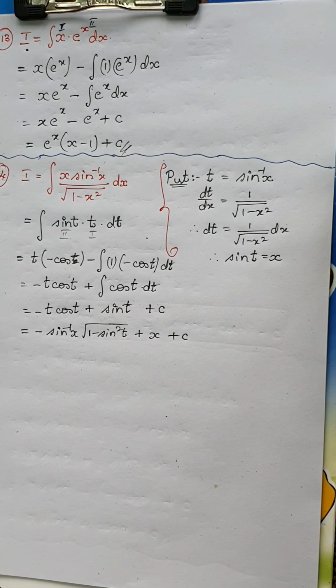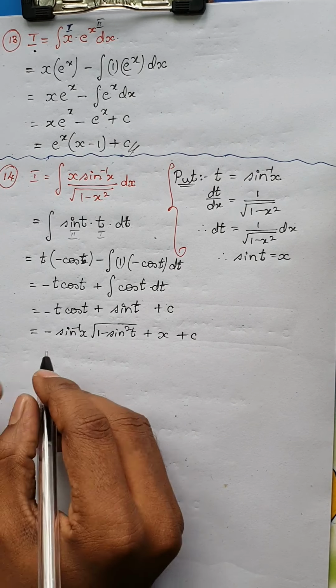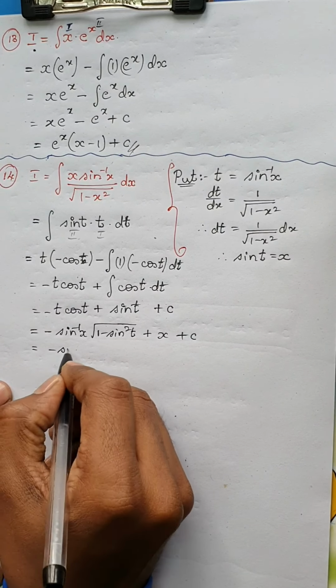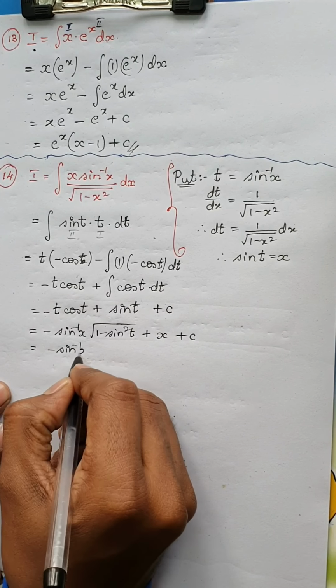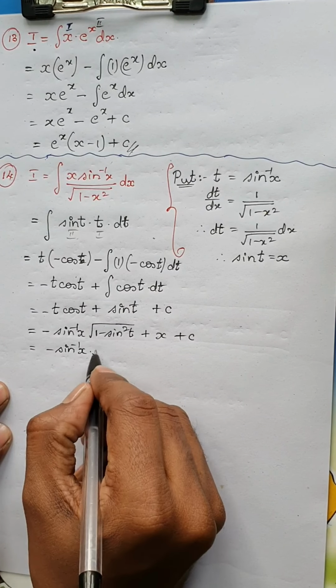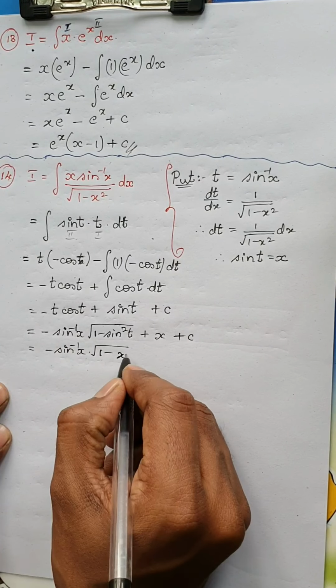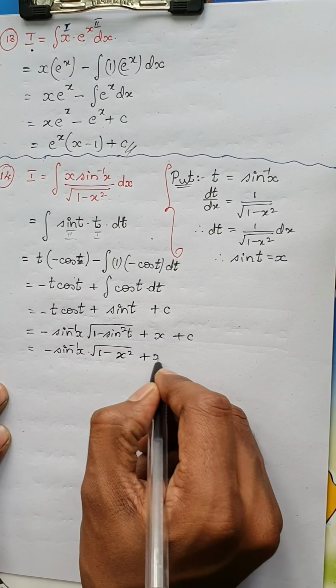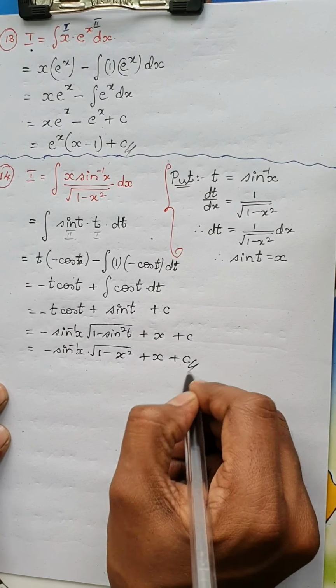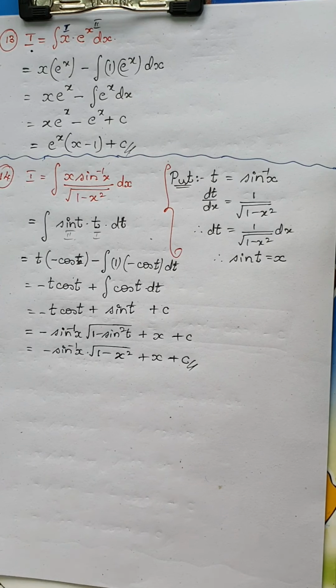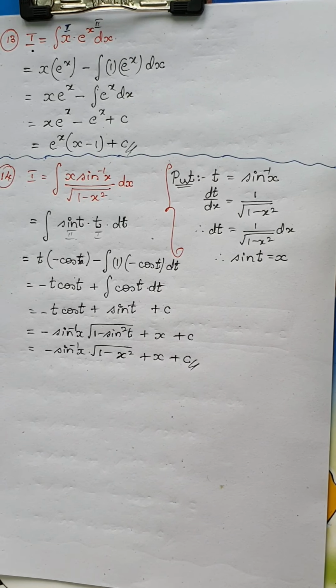So my final result would be minus sin inverse x into root of 1 minus, we know sin t is nothing but x, so 1 minus x square, plus x plus c, which is the constant of integration, and that is the final answer for the given integral.